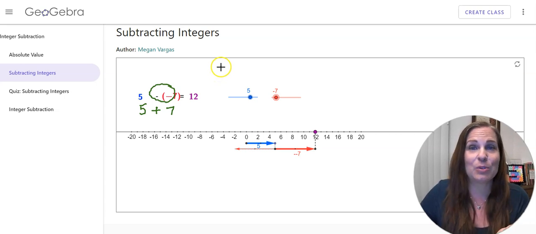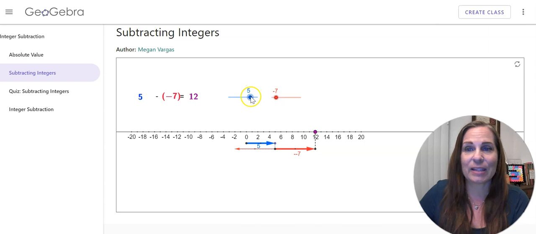Okay, anytime you see those two negatives. So like down here, you see these two negatives together, initially, like right away, change it to a plus. So we have a +5, so we start on 0 and go 5 to the right, and then we're adding 7, so we go 7 more to the right. Okay? All right, let's do one more.